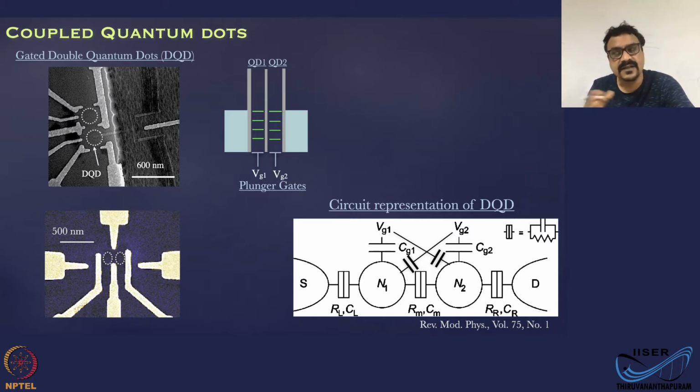In any case, tunneling of electrons between two quantum dots is an important aspect for all these devices. There are also capacitively coupled quantum dots where the effect is only electrostatic, but that is not what we are going to deal with in this lecture.